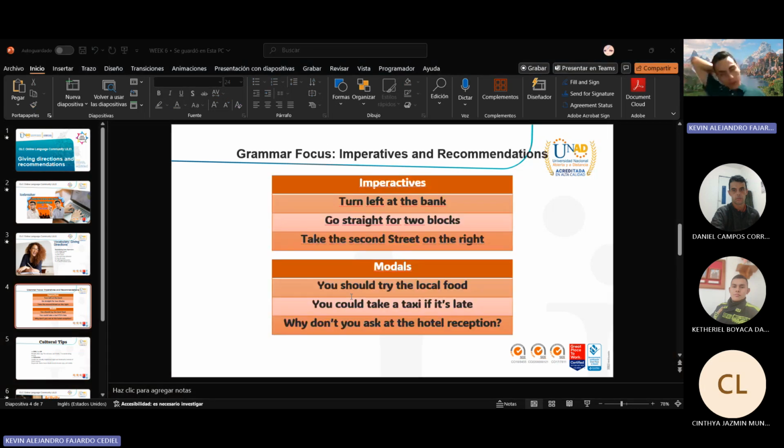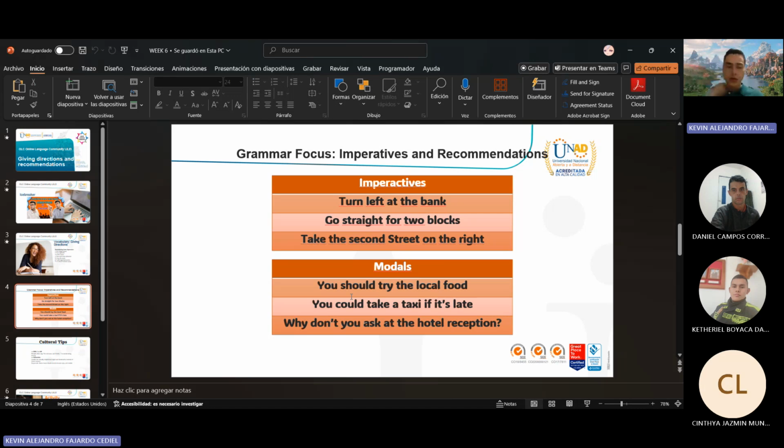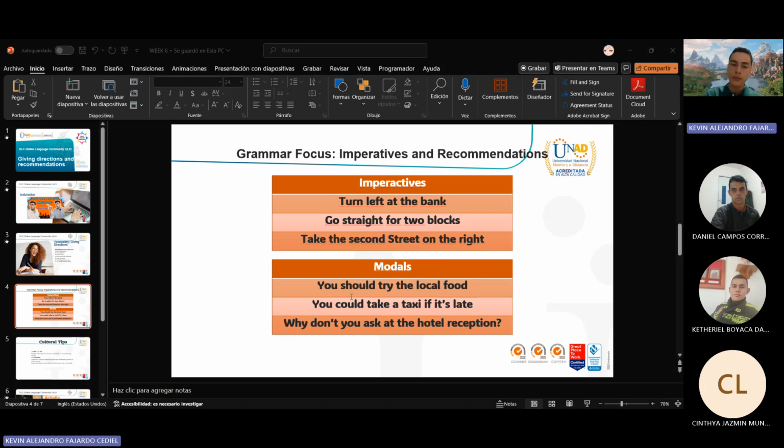Some examples: we say "turn left," we don't say "you turn left." Why? Because it's already understood that we are referring to you. Or "go straight." You're giving a simple command and not asking a question. That is why we don't use the subject in an imperative sentence when we are giving directions.